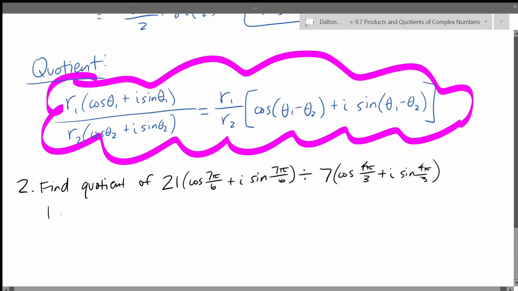Then express your quotient in rectangular form. And of course, feel free to abbreviate some of this stuff.